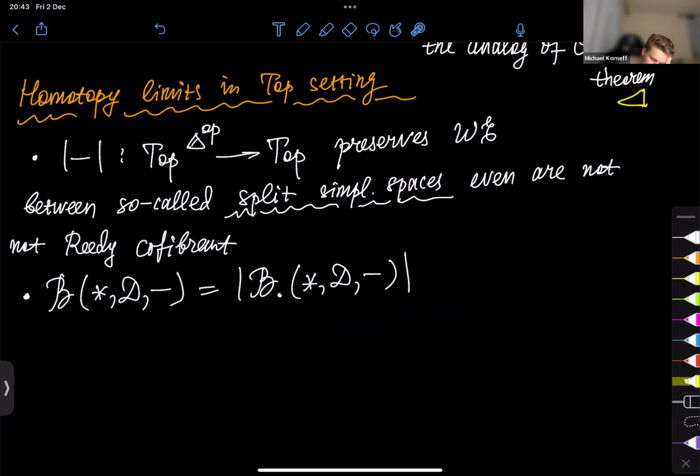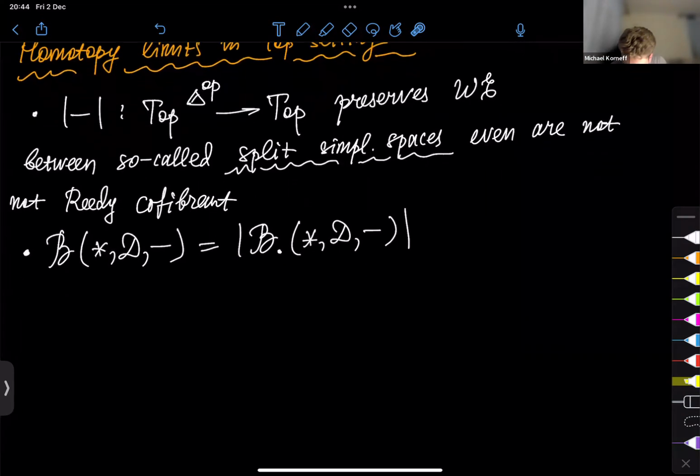And this fact follows from the fact that this realization functor preserves split simplicial spaces, and this functor gives us the split simplicial spaces.